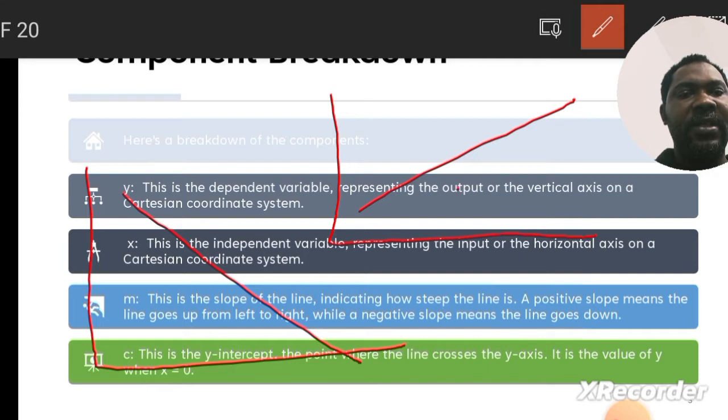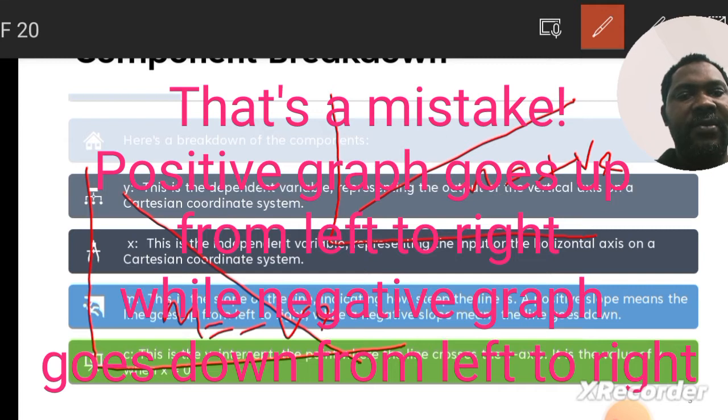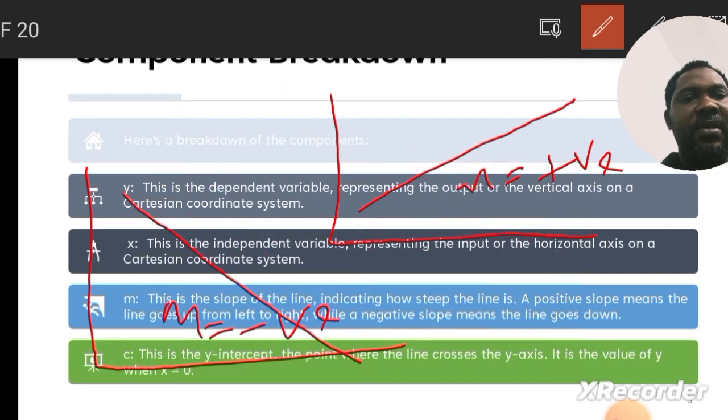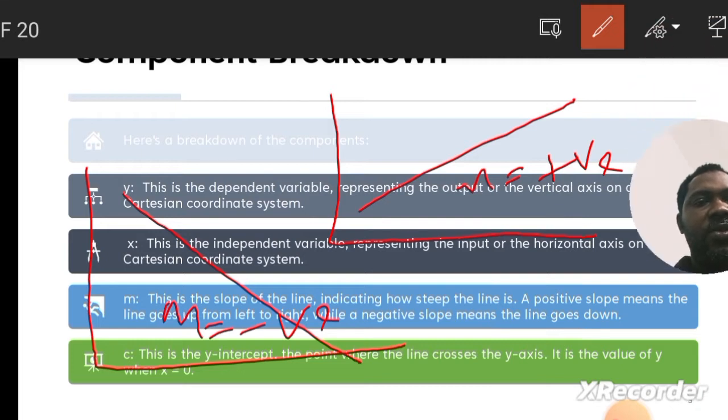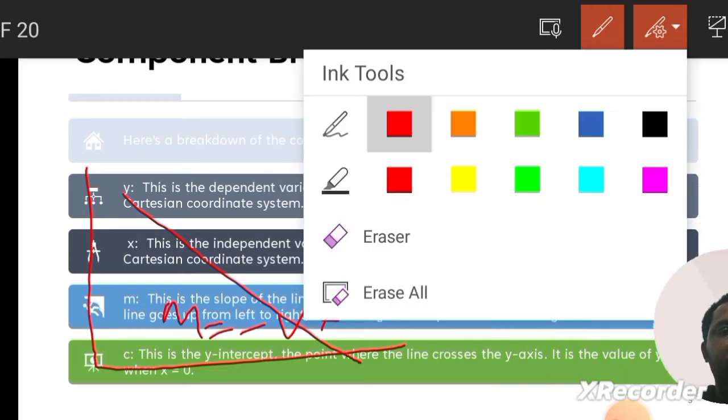So here your slope m would be positive, but for this one your slope m is going to be negative. It is important to know which graph gives a positive slope and which gives a negative slope.